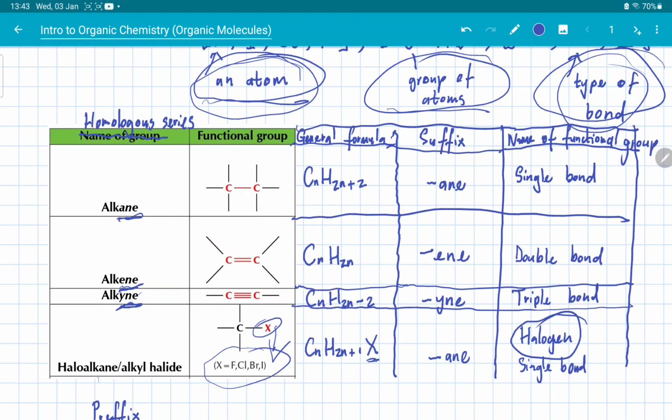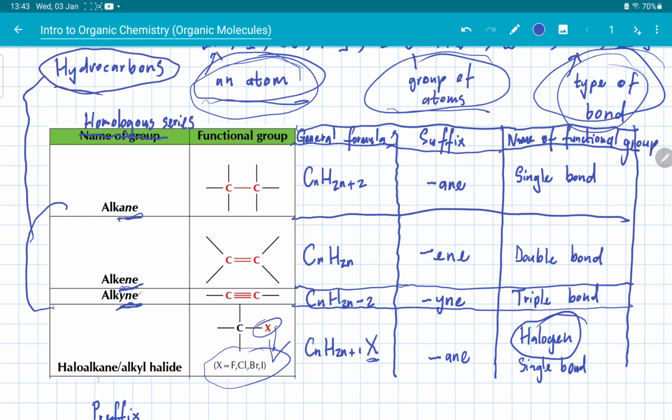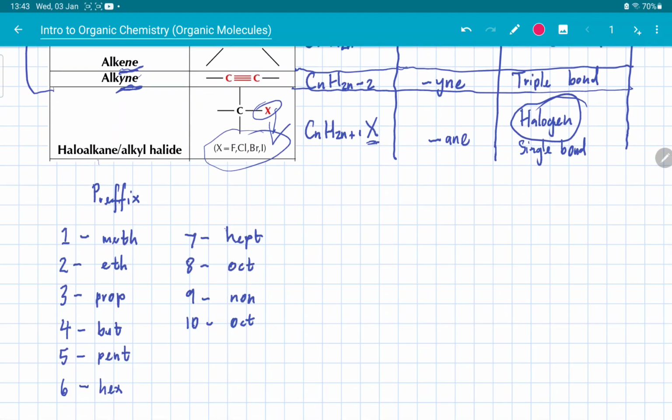Let me just write it here. Sonke is ne? They are hydrocarbons. Hydrocarbons. I feel like using another color. They are hydrocarbons.